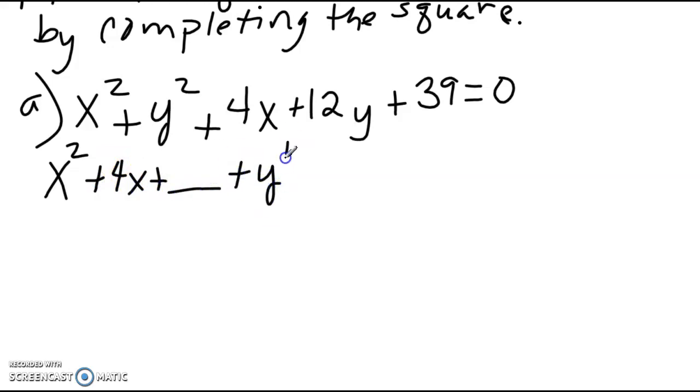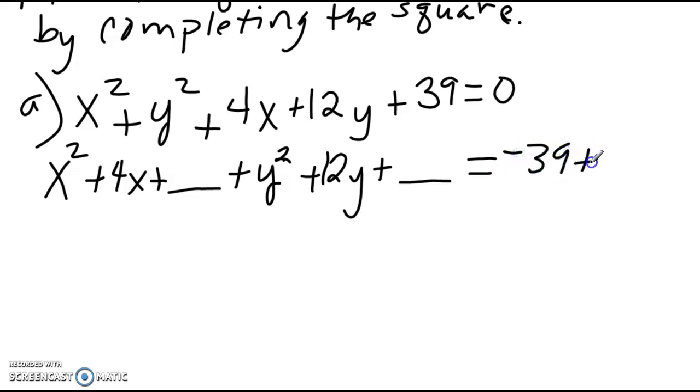Then we have our y squared plus 12y plus a blank. And then also moving that constant over. Is that all in one step? Yeah. Okay, so that's going to be a negative 39 when we put it on the other side of the equation.